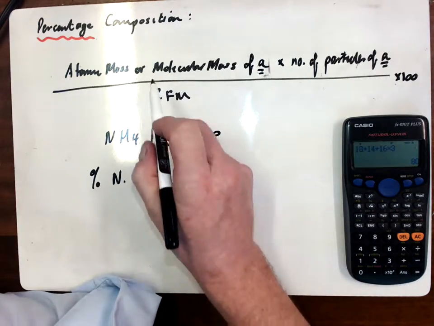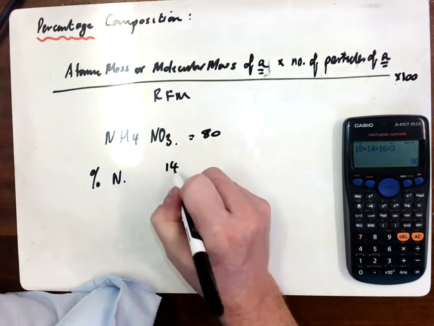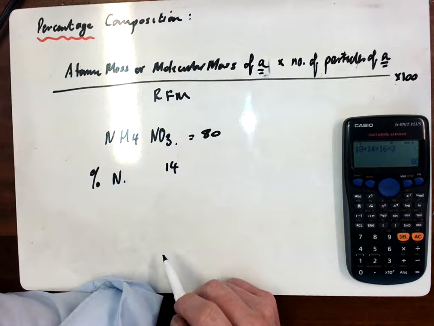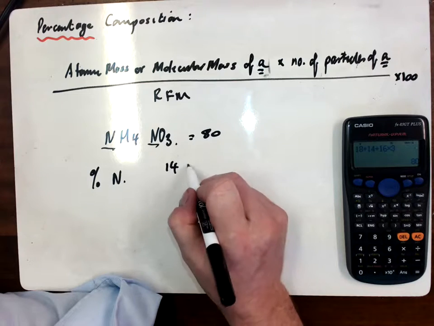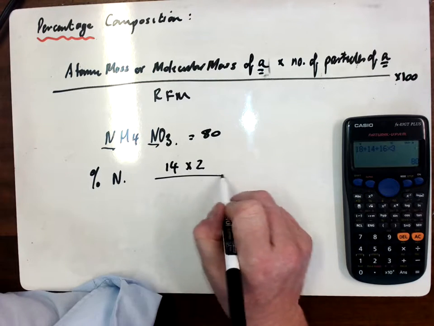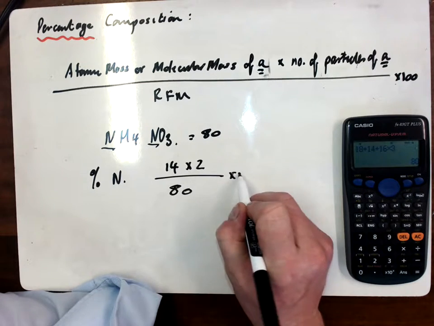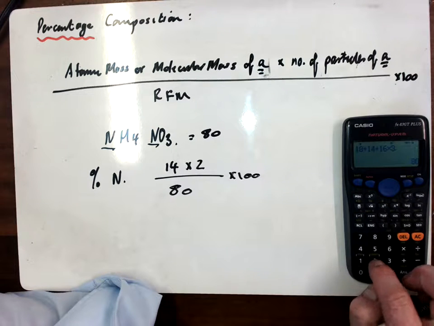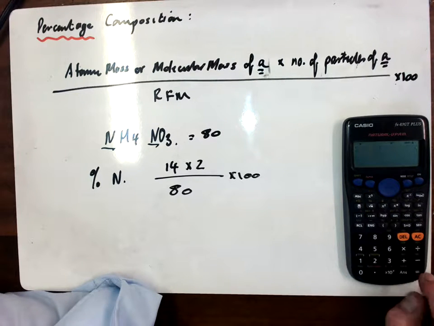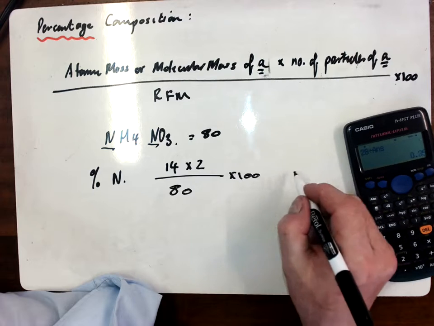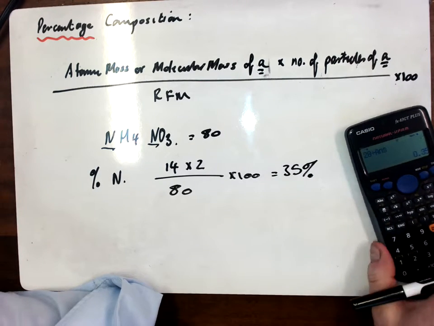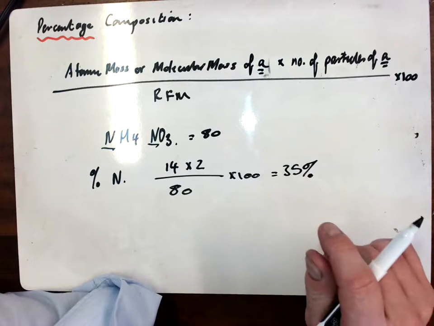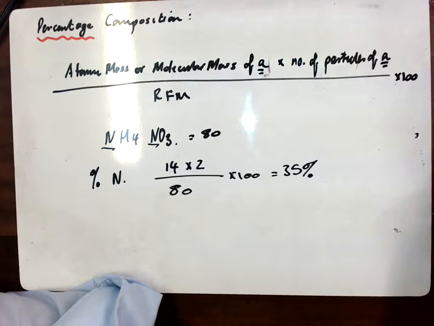What's the atomic mass of nitrogen? Go to the periodic table, we find that it's 14. This time we've got 2 of them in different places, so we need to be a wee bit careful. Our final answer is 28 divided by 80 times 100, which gives us 35% as our answer of nitrogen in ammonium nitrate.